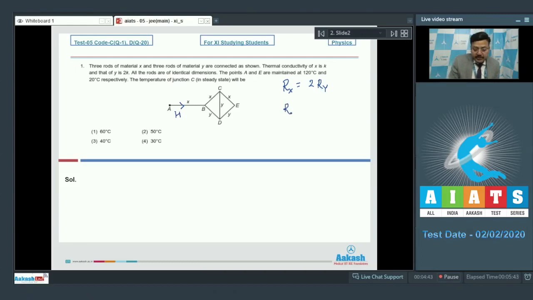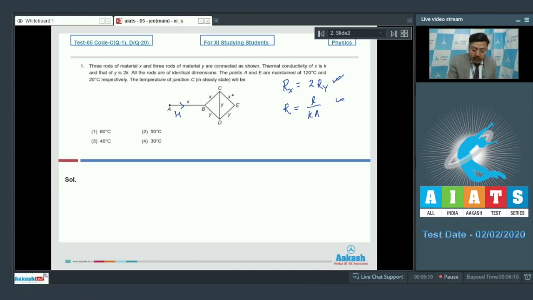Because we know the expression for thermal resistance is L upon KA. So that means thermal resistance is inversely proportional to thermal conductivity. For rod X, the thermal conductivity is K and that for rod Y is 2K. So Rx is going to be 2 times Ry.